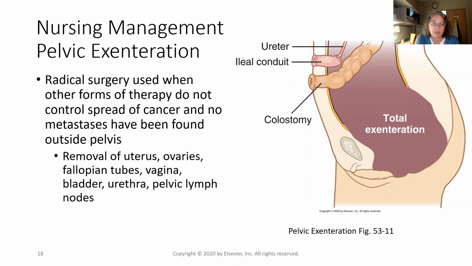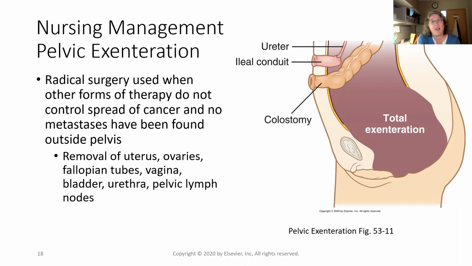In this particular surgery, as you can see, the uterus, the ovaries, the fallopian tubes, and the vagina have all been removed, as well as the bladder, the urethra, pelvic lymph nodes, and the client may even have part of their rectum removed as well.